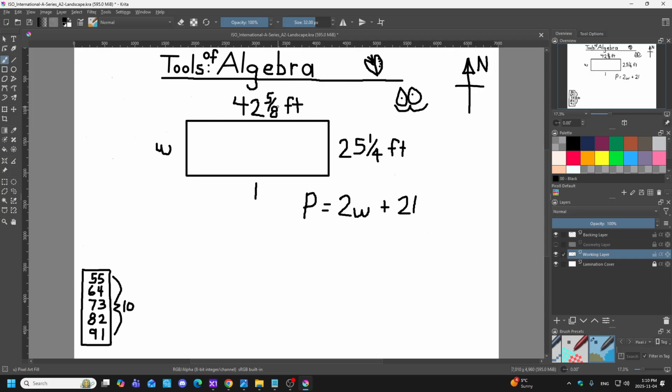You can turn your values into decimal format. Okay? At this point, you can substitute and solve. I am going to quickly give you the answer.